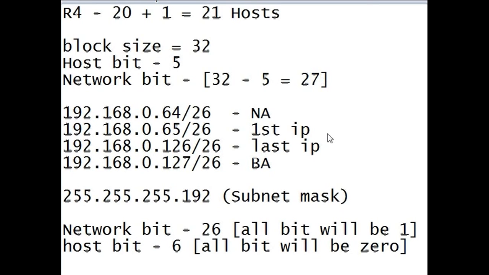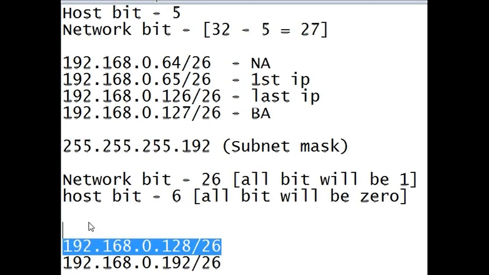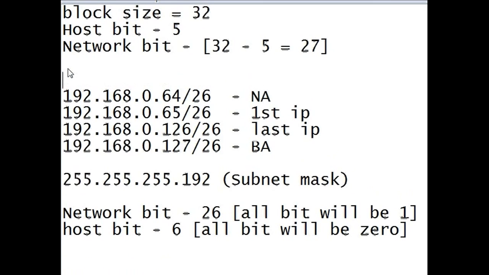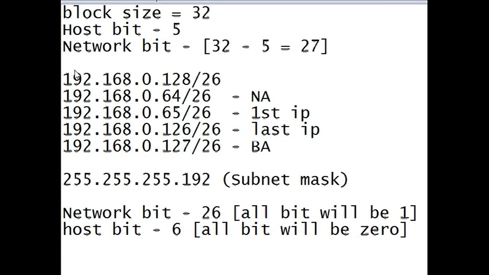Here you can see we have already used 0.0 and 0.64, so this is my next subnetwork. The concept is that for the next subnetwork, instead of /26 I am going for /27, which means I am borrowing one more bit.